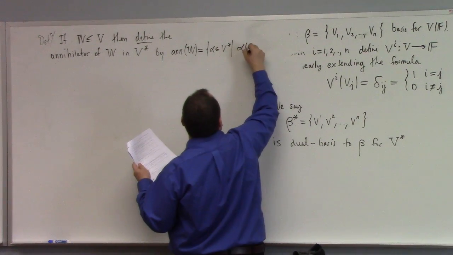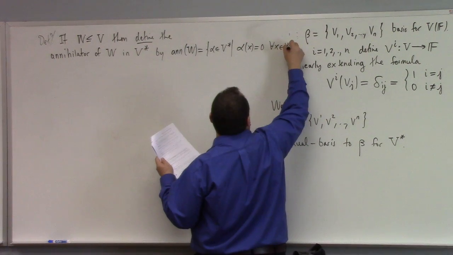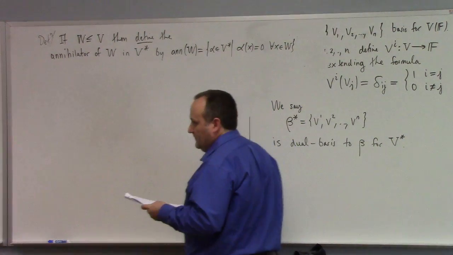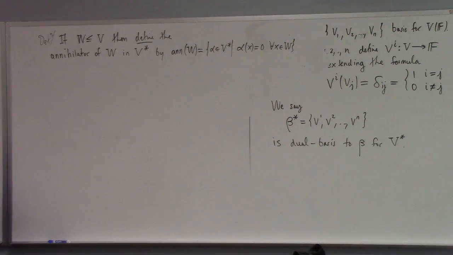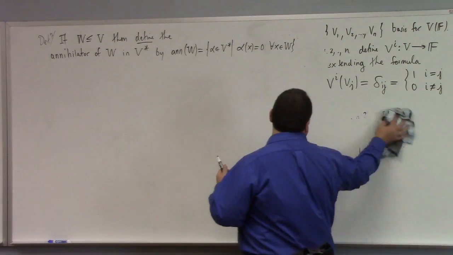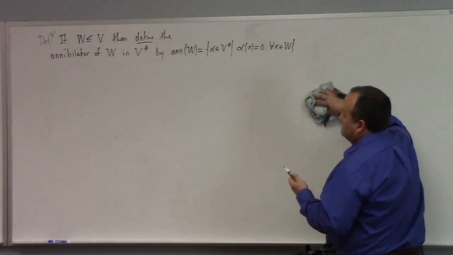Such that alpha of x is equal to 0 for all x in W. In other words, the annihilator is the set of linear functionals on the vector space which kill everything in the subspace. They kill everything. Or violence, metaphor.